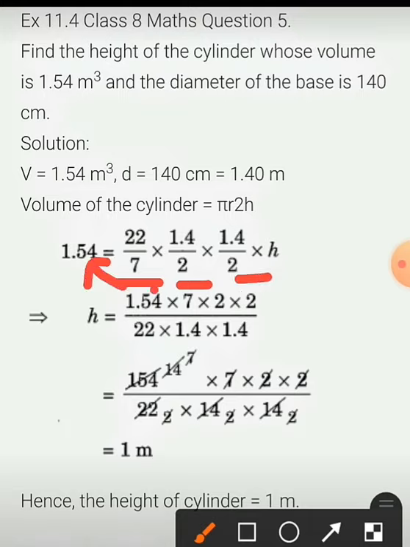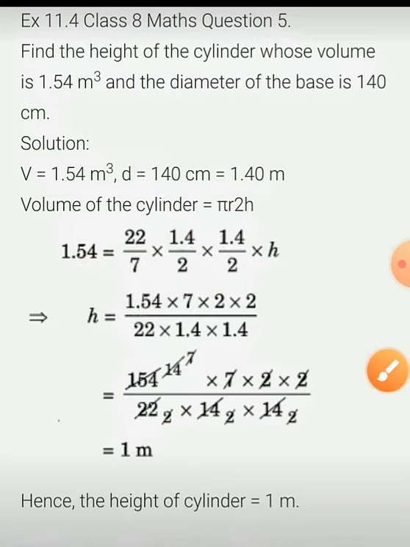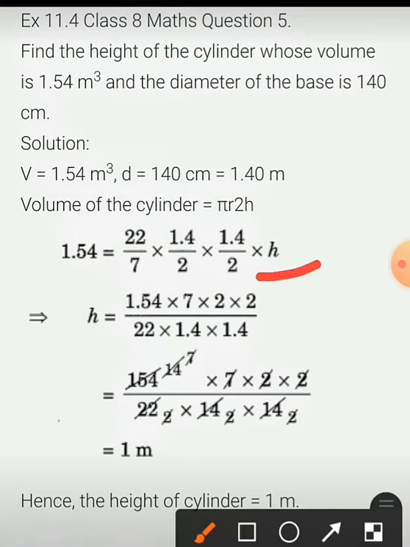It is in the denominator, so here it will go into the multiplication part, and this 3 will go into the denominator below 1.54. So h will be equal to 1.54 into 7 into 2 into 2, and below it will come 22 into 1.4 into 1.4. What is below on the right comes up, and what is above comes down. On this side only h will be left, the height that we are calculating. The variable to be found is kept here, and the rest of all the numbers we shift from here to there and from there to here for finding out h.